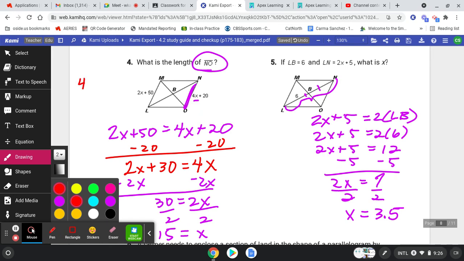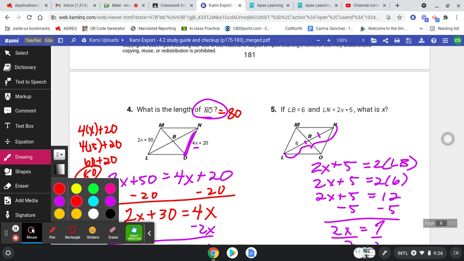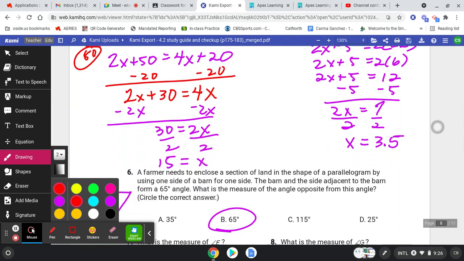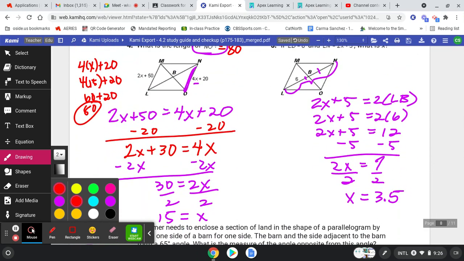So 4 times the value we got for X plus 20 is 4 times 15, or 60 plus 20, which is 80. So the full measure of NO equaled 80. Now we're totally done with this checkup. Sorry about that. Again, pause the video and go back to whatever you might need to finish it up.